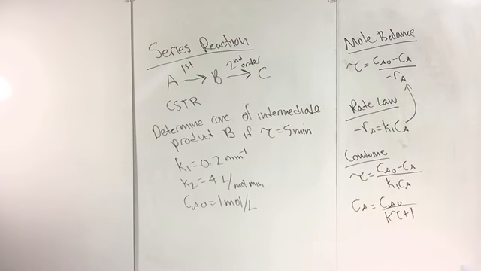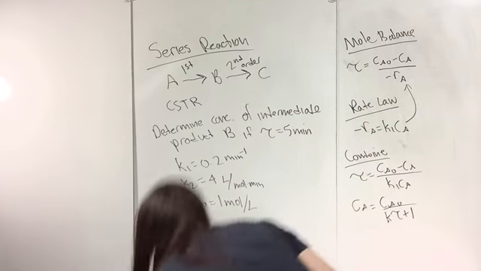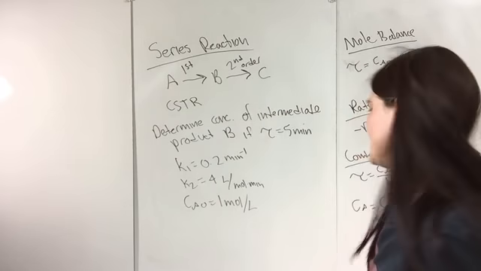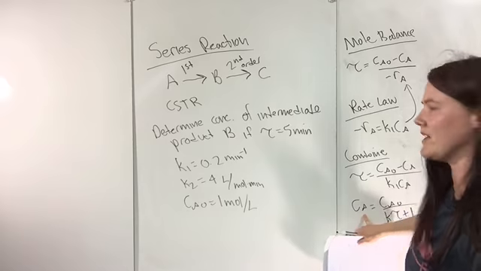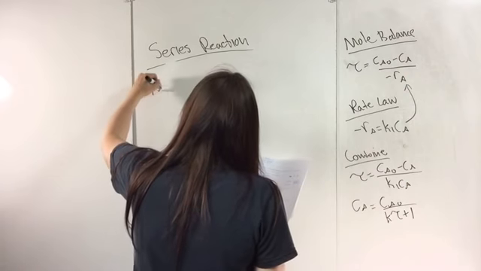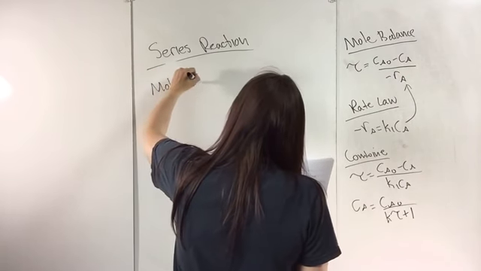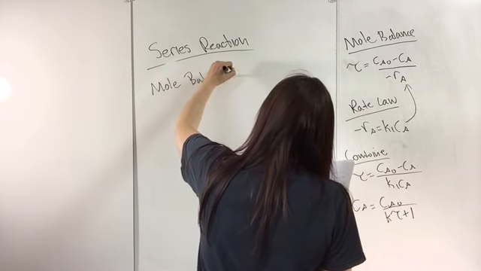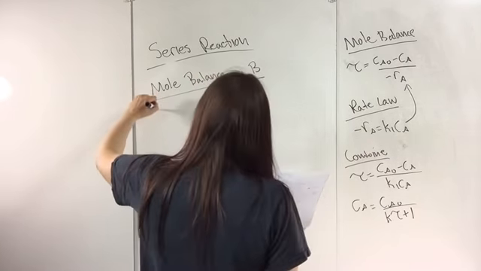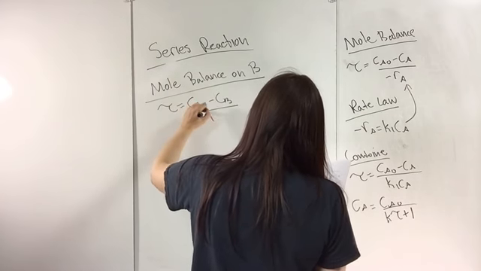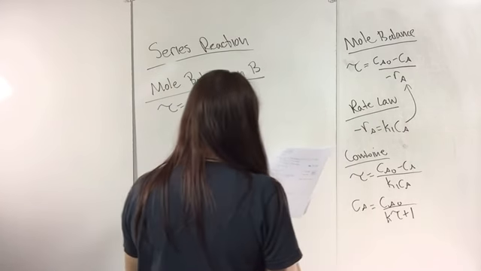And I'm just going to leave that like that for now and do a mole balance on B. And in just a second, you'll see why we need to calculate Ca. Mole balance on B. So same thing as a CSTR, so tau is equal to Cb naught minus Cb over minus Ra.